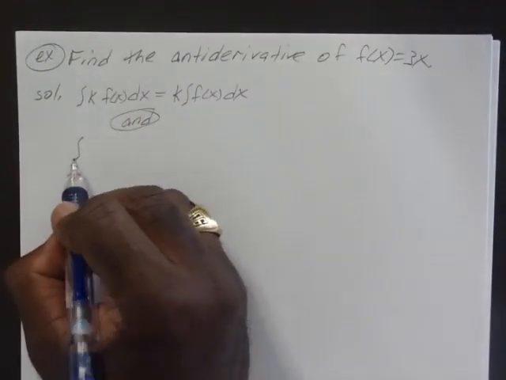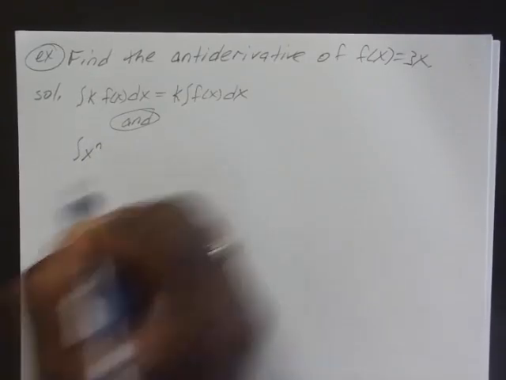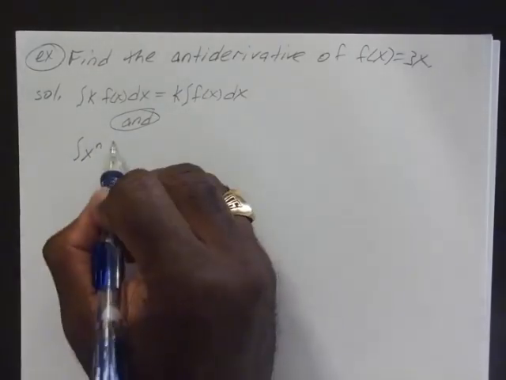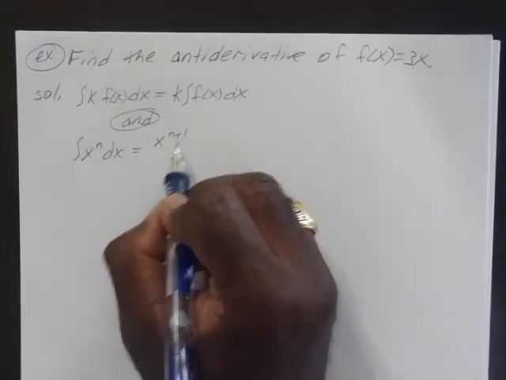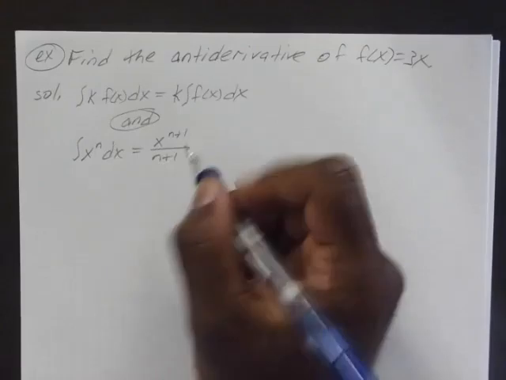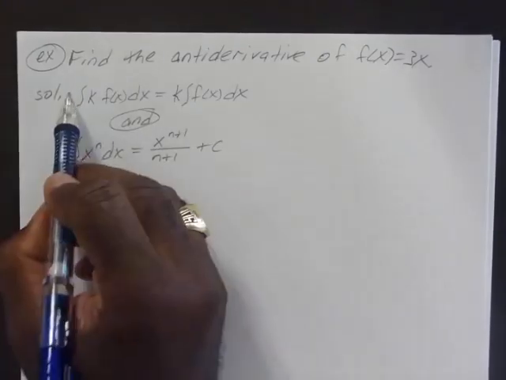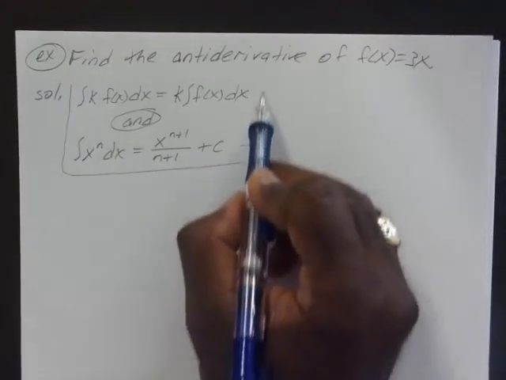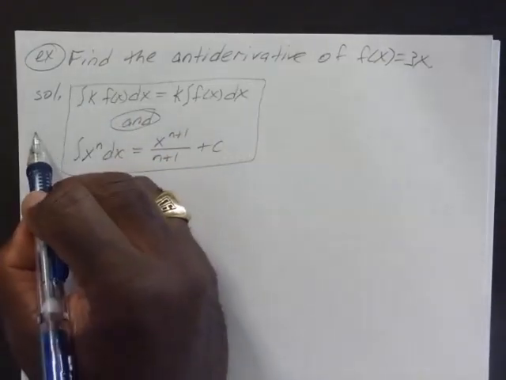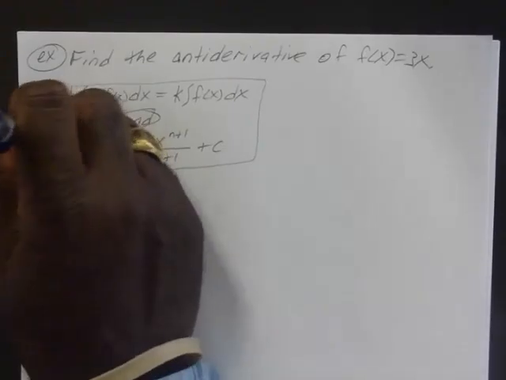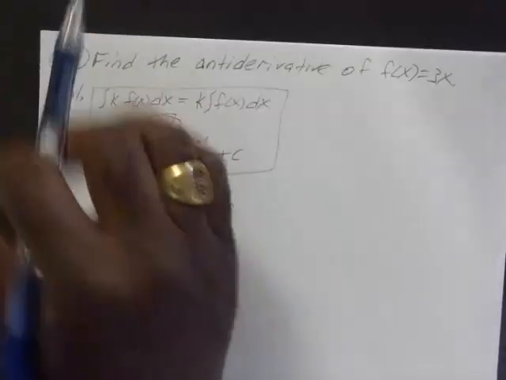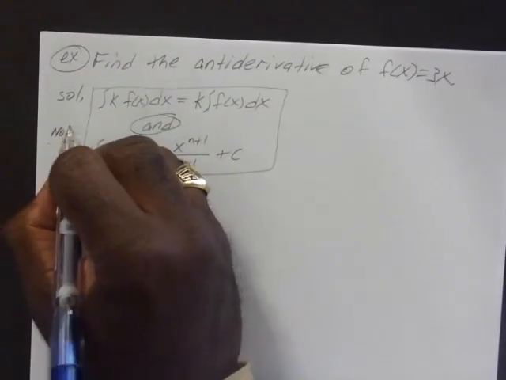And the antiderivative of x to the power of some real number n with respect to x is equal to x to the power of n plus 1 divided by n plus 1 plus c. So that's just a little note.